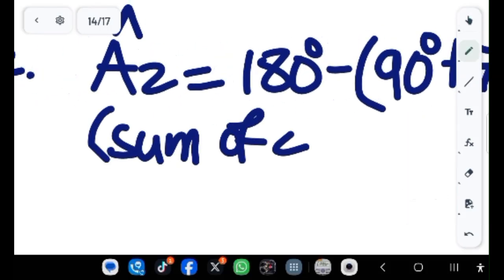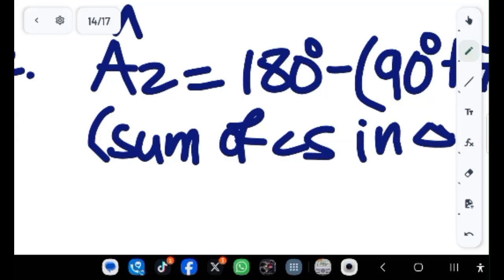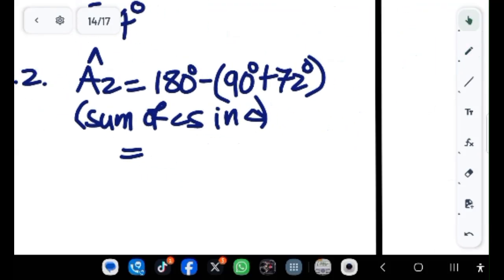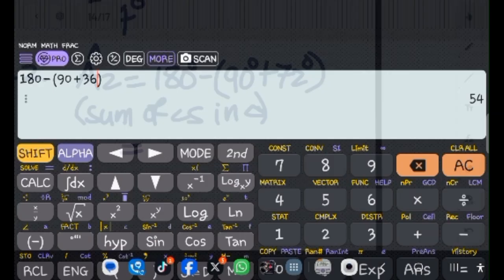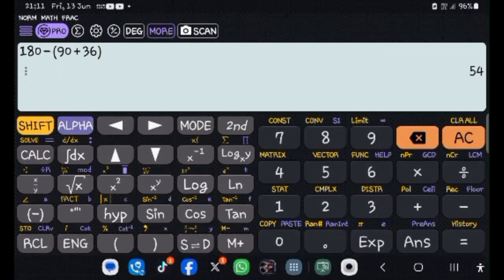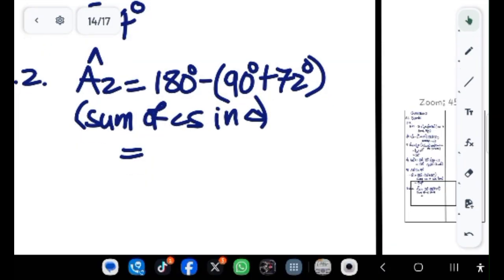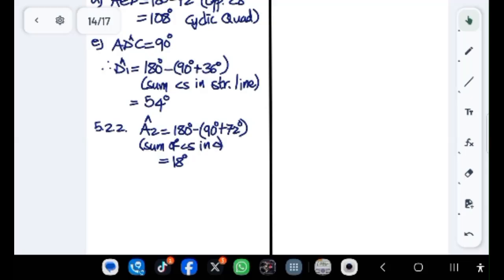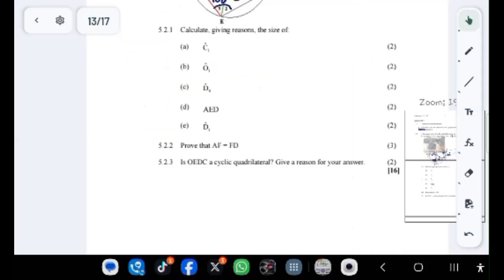That's the reason why. That gives us 18 degrees. Let's pencil it in. That's 18 degrees.